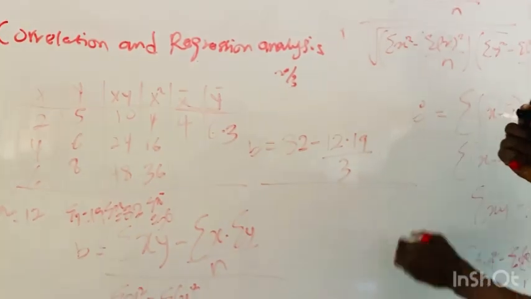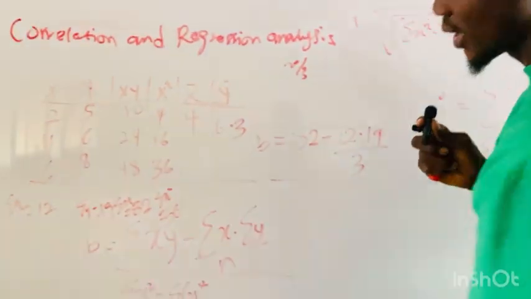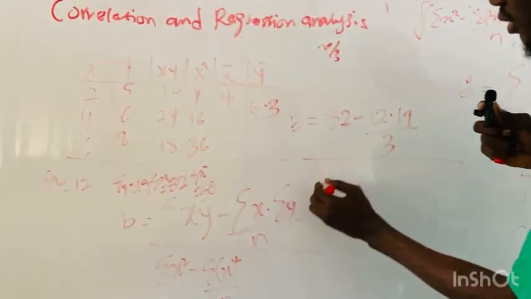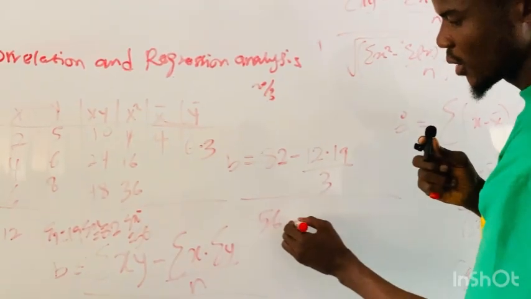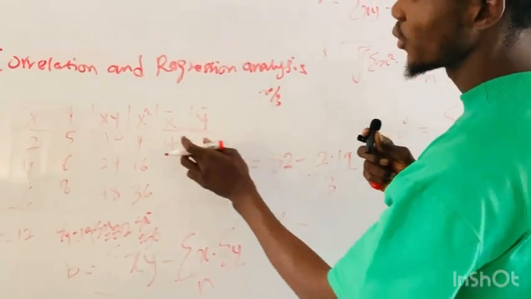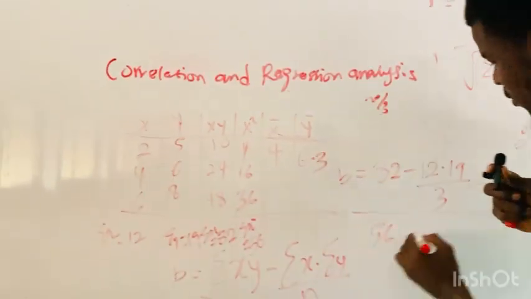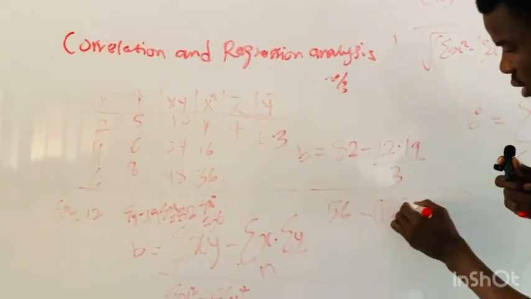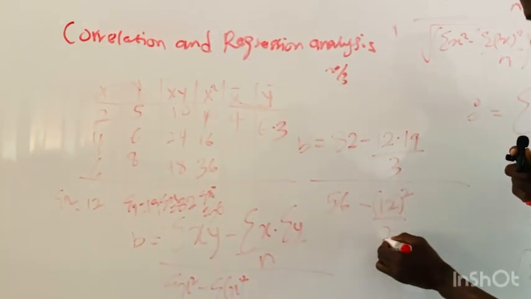Then divided by summation of x square, which is 56, minus summation of x, 12 square, all divided by 3.